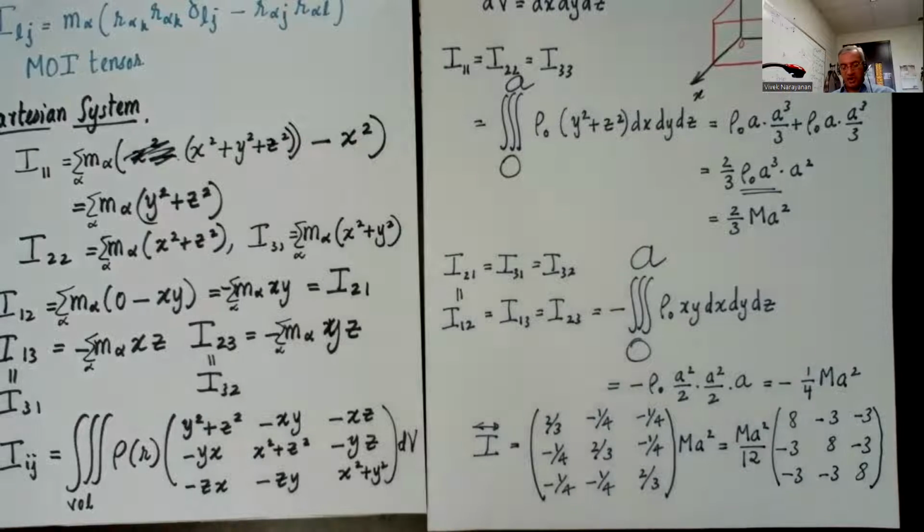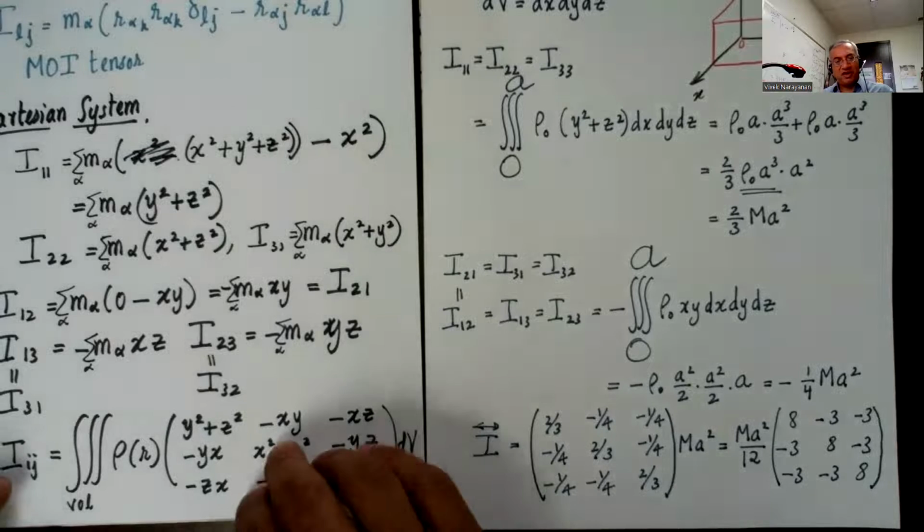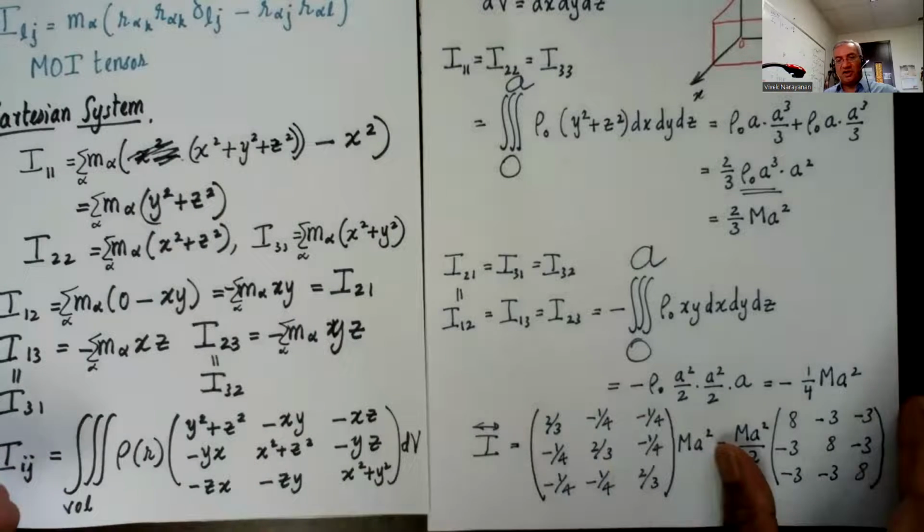So in this manner, we have found the moment of inertia of a cube. These moment of inertia computations are not that complicated. They just have to be done, and done very carefully.